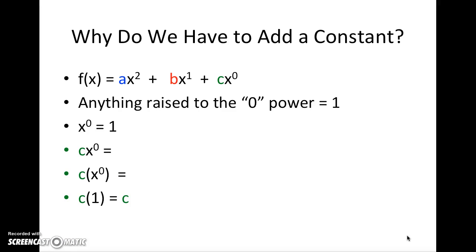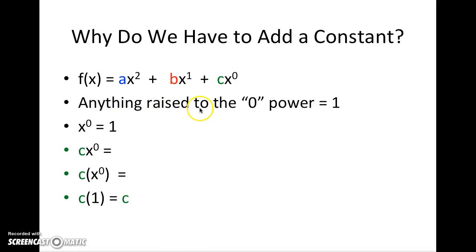Why do we have to add a constant? Well, here's the truth. Even though we don't write down the variable x for that very last term that has a constant in it, it actually is there, because if you look at the powers, we start at the highest power for quadratic, that was 2, and then we just keep going down by 1. Next power will be 1, and then the last power is 0.